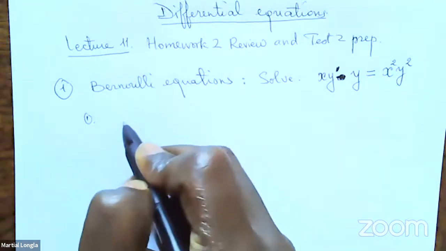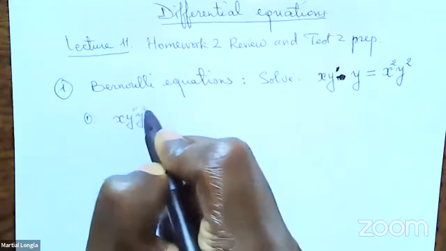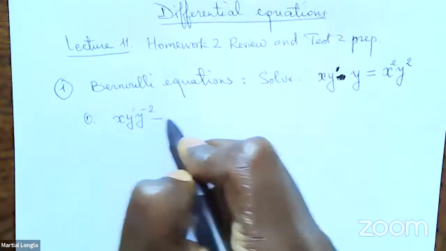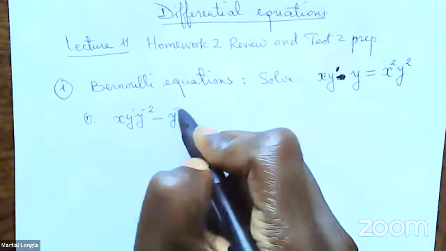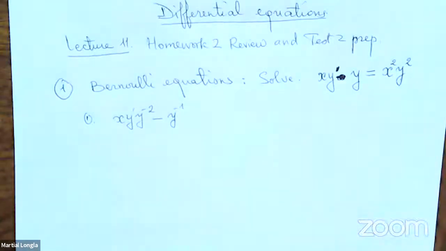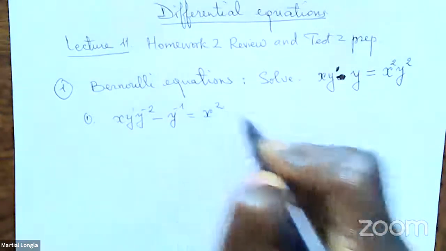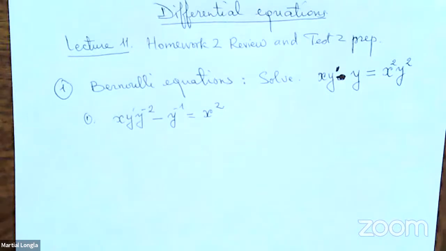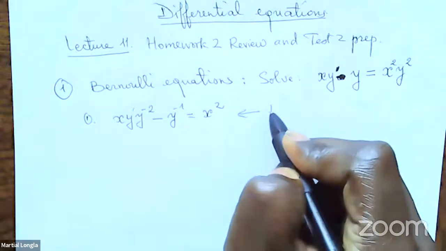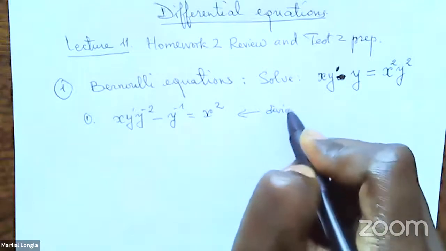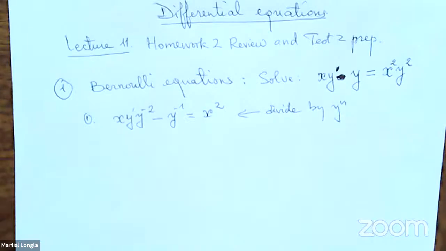So we are going to have x y prime y to negative 2 minus y to power minus 1, which is y divided by y squared, equals x squared. So that's your first step. Divide by y to the power n.